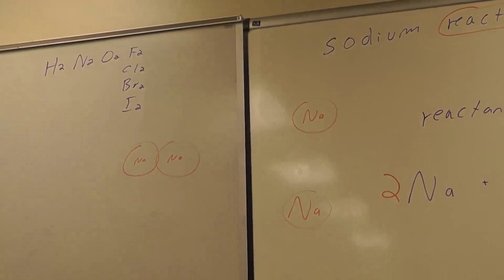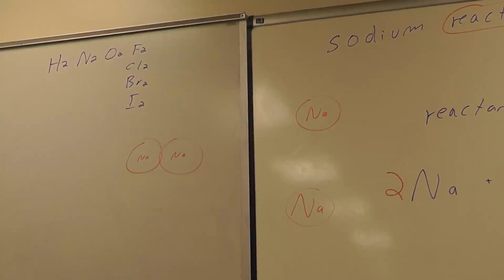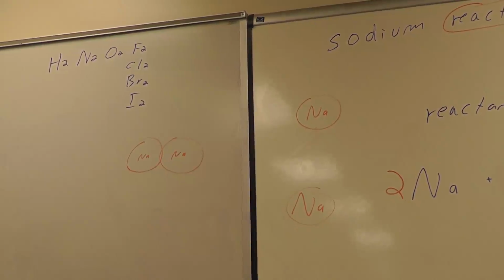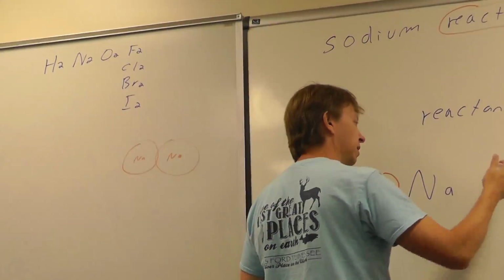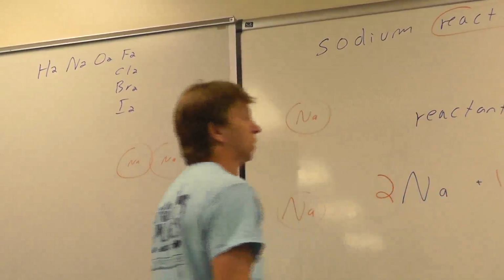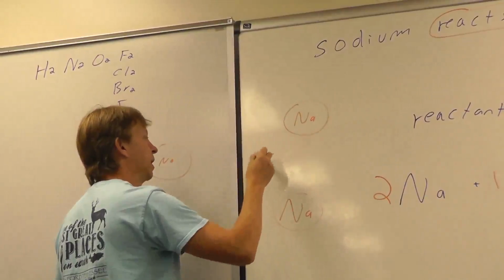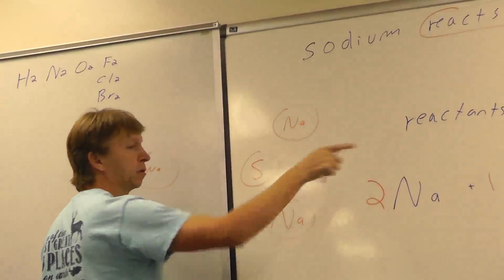But when you're doing the balancing, once you've got all your formulas set, then you never tamper with subscripts after that. And you always do it by putting these coefficients out front. And if there is no coefficient out front, then I guess that's implied to be a 1. So 2 sodium atoms react with 1 sulfur atom to make that sodium sulfide molecule.